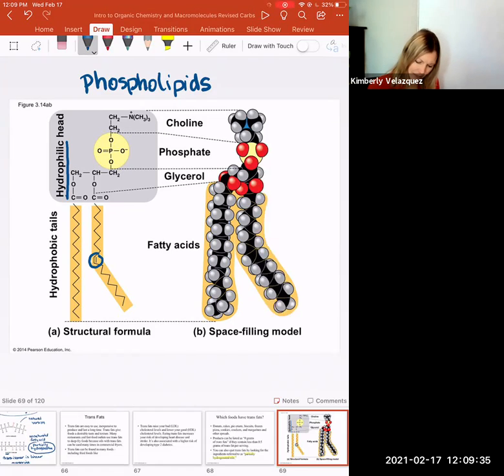So this would be the saturated fatty acid. Wow, I'm just really having a struggle with spelling today. Saturated. And this one is unsaturated.